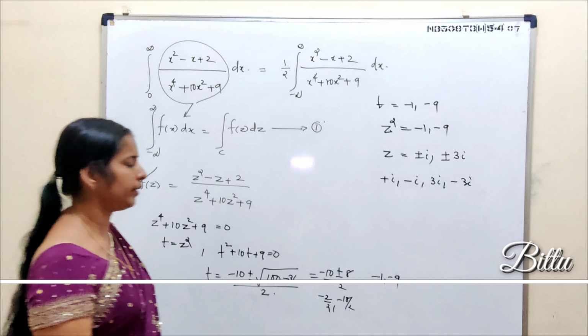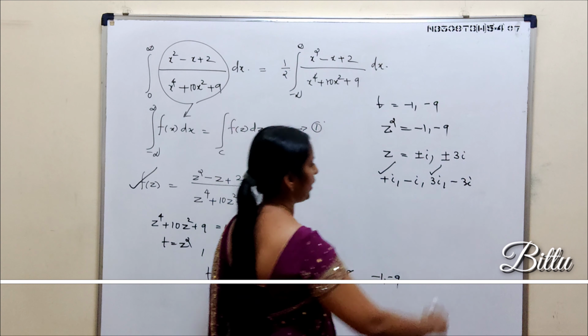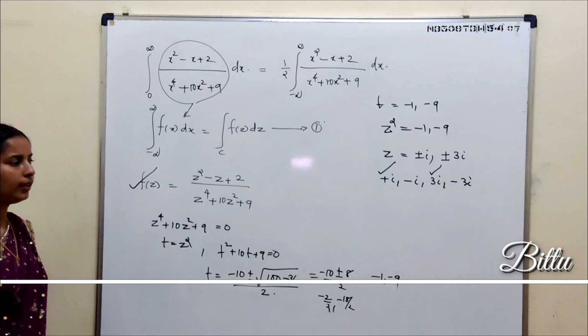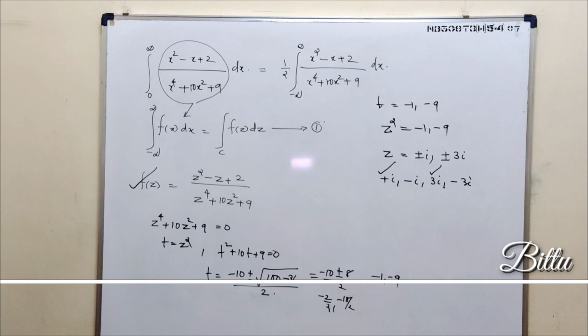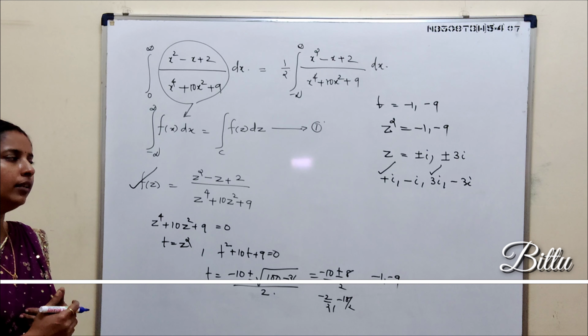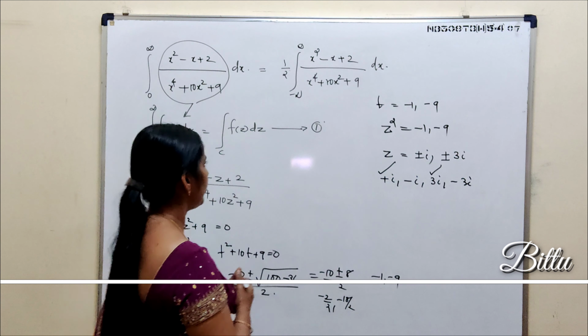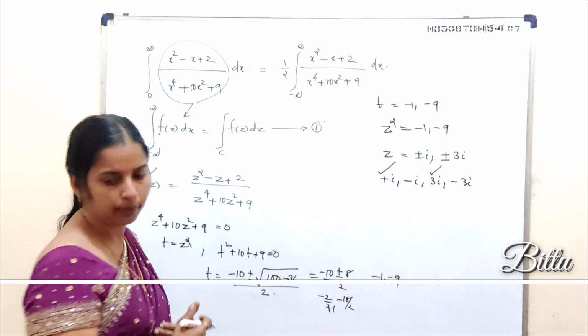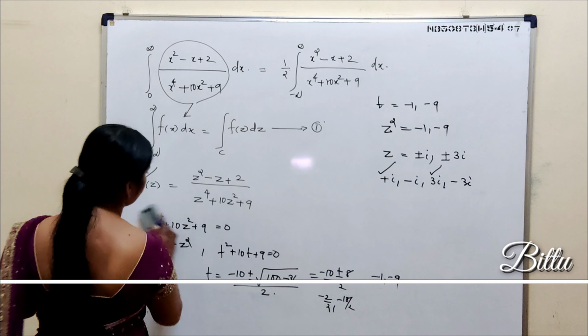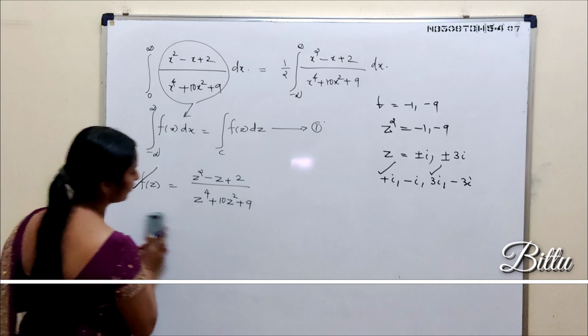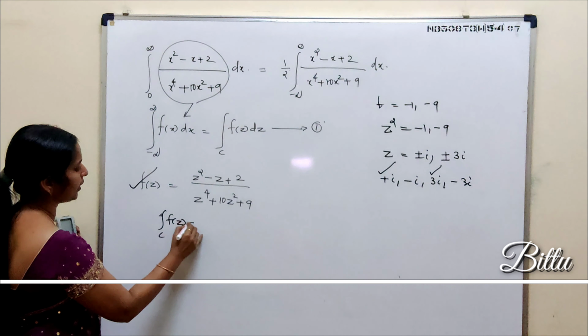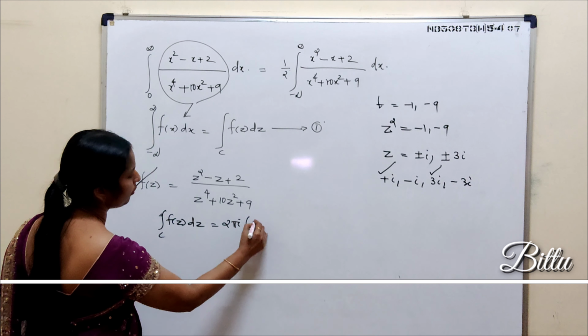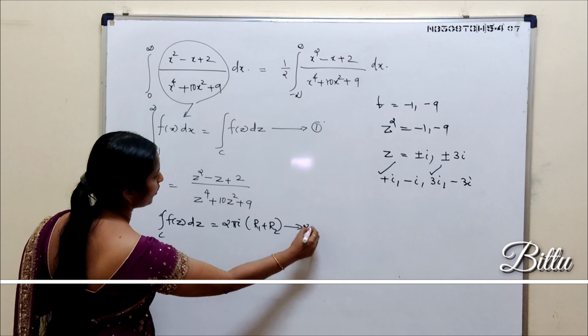Among these 4 singularities, plus i and 3i are within C. See, those singularities which lie in the upper half of the z plane are completely within C, and those which lie below, in the lower half of the z plane, are outside of C. So by residue theorem, we have integral over C f(z) dz is 2 pi i into (R1 plus R2). That is equation number 2.